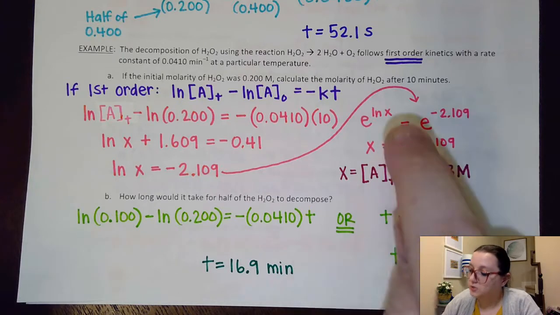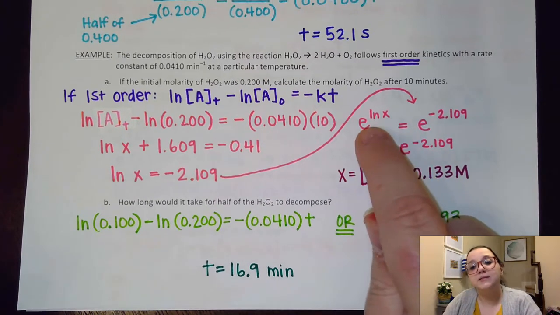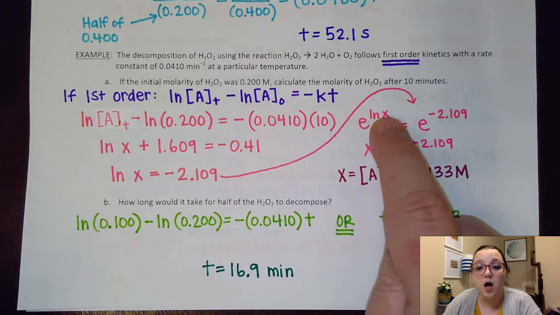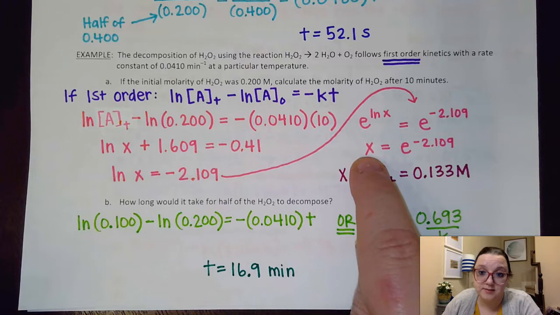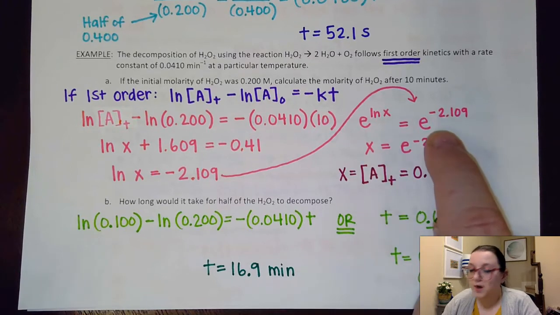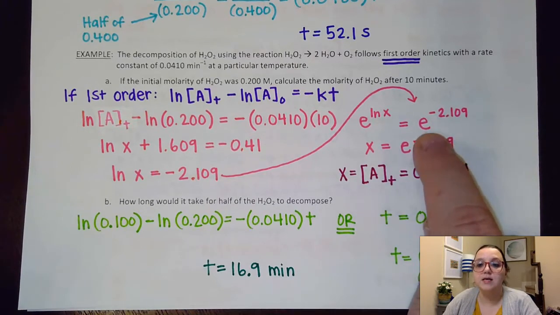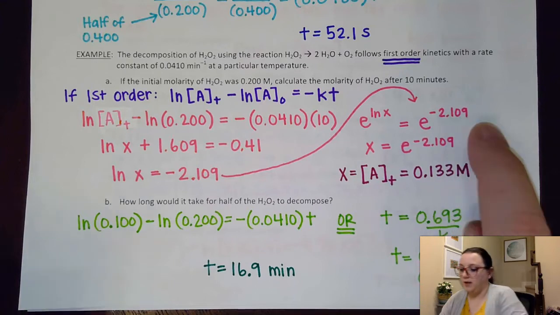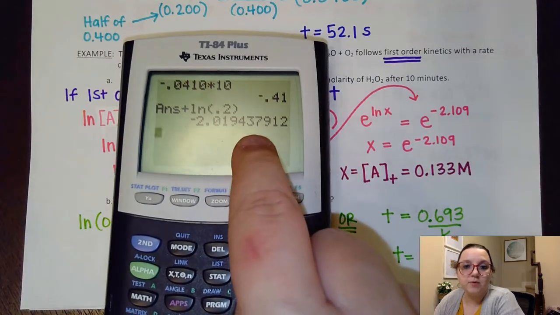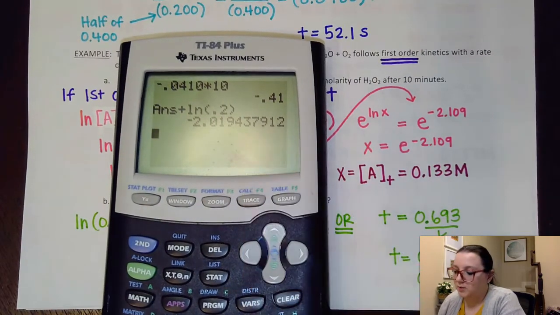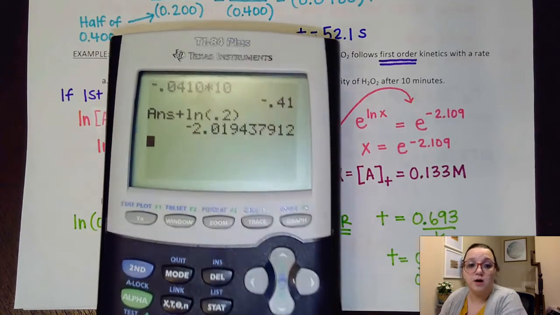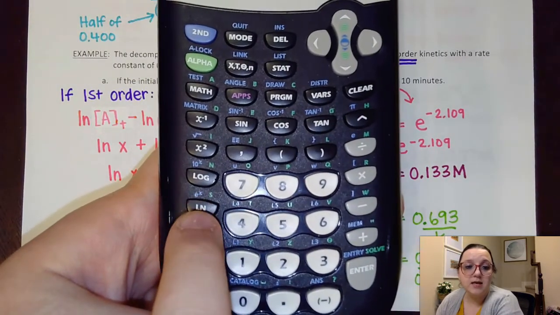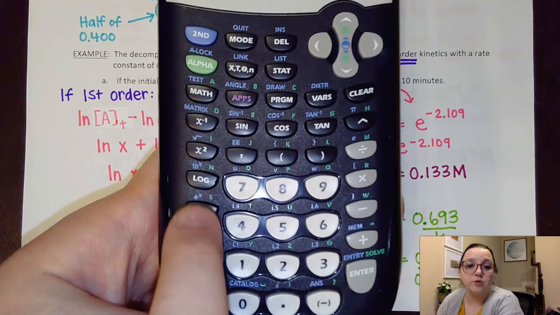And so when I do that, what happens is that e to the natural log of x ends up just equaling x. And so then what I want to do is solve this e to the negative 2.109. Now, since I have that number in my calculator, I'm going to plug in e. And for those of you not familiar with e, it is right here above the natural log button.